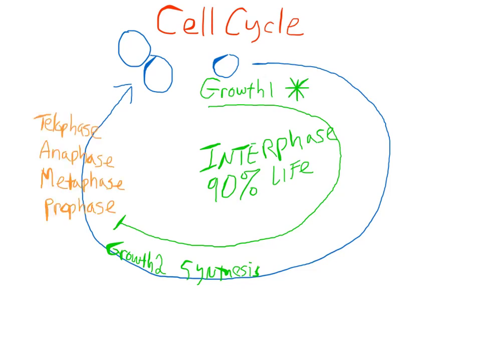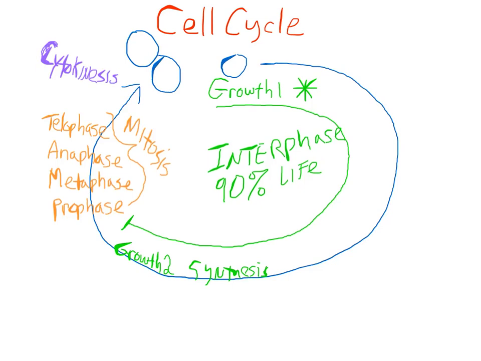After growth 2 come the actual phases of mitosis, starting with prophase, going into metaphase, anaphase, and telophase. So this is mitosis. And the last bit is cytokinesis.